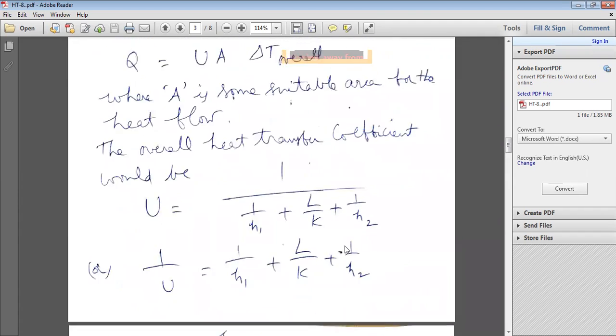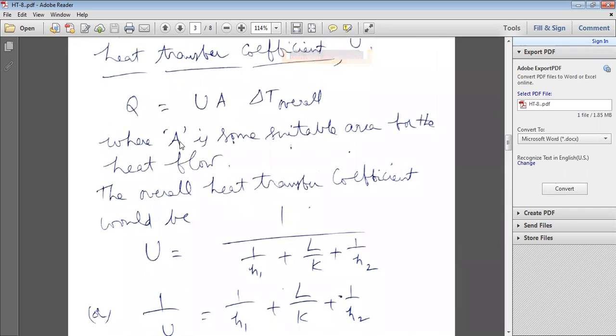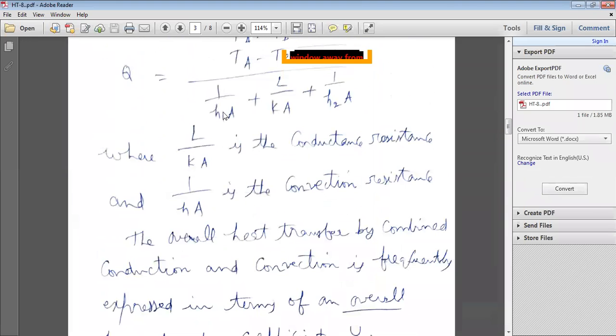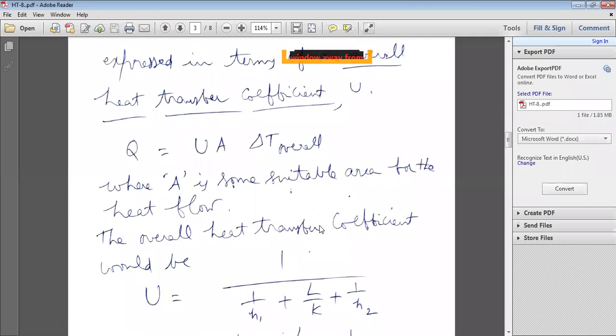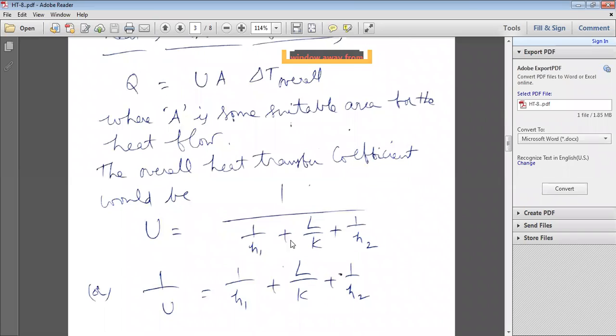Here A is some suitable area for the heat flow, and U is the overall heat transfer coefficient. So U is equal to 1 divided by (1 by H1 plus L by K plus 1 by H2).